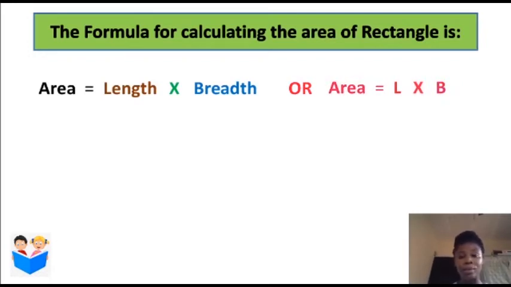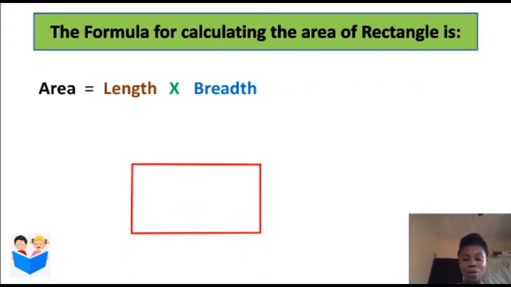Now let's find out the part of a rectangle that is called length and the part that is called breadth. First of all, see how a rectangle looks like. This is a diagram of a rectangle. What part of this shape is called length? The longest part there is called length. This side is called breadth.